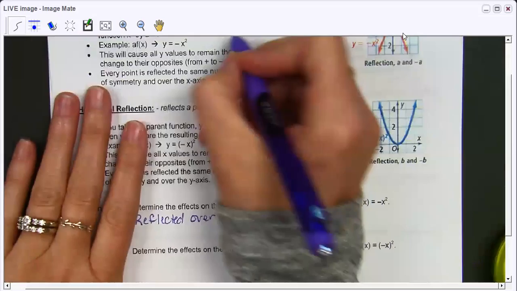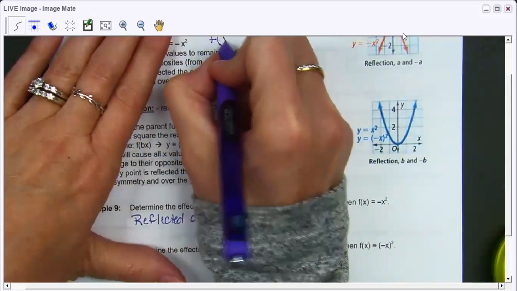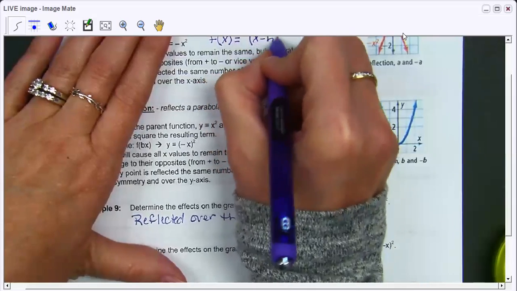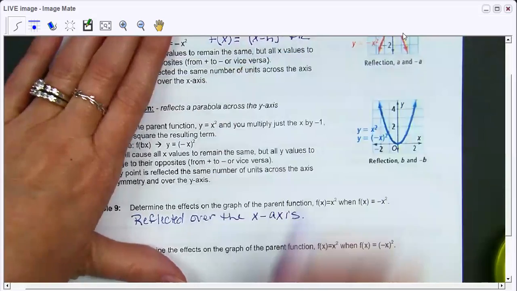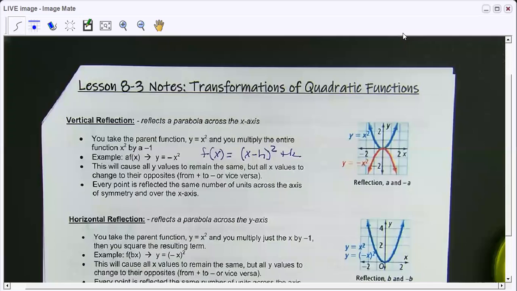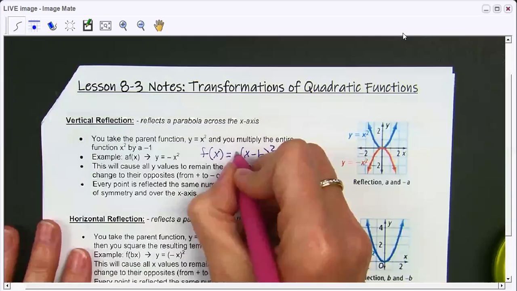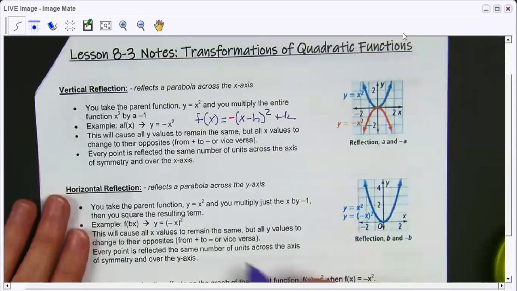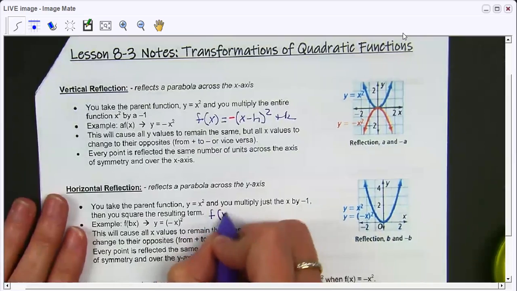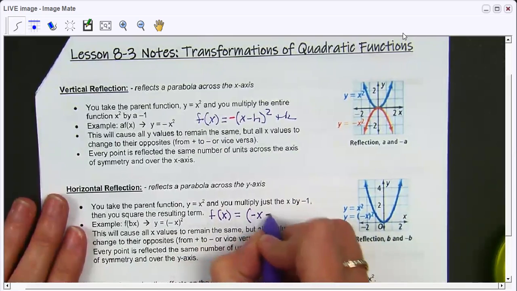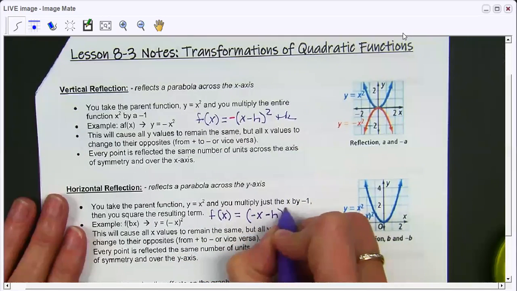If you had f of x equals x minus h squared plus k, that's what we've seen so far. If it is reflected over the x-axis, the negative is in front of the entire function, and that whole thing has to be multiplied by negative. If it's reflected over the y-axis, it's just multiplying the x by a negative.